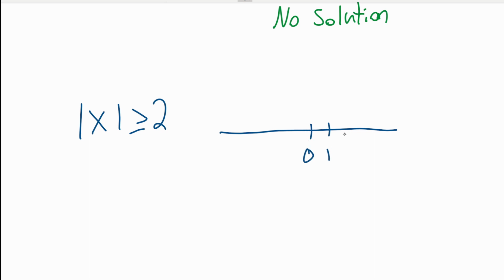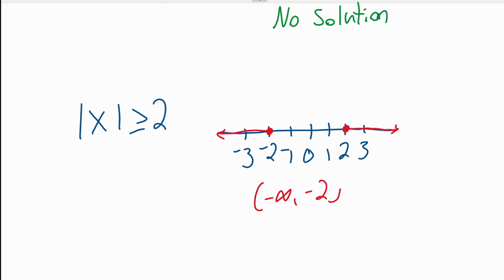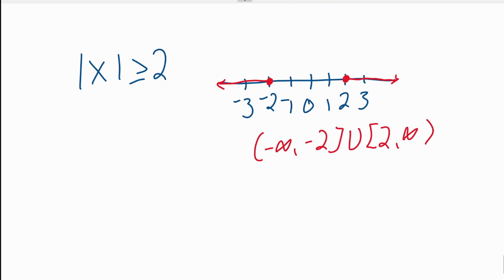So we'd have 0, 1, 2, 3, -1, -2, -3. And we'd say, okay, it's 2 to infinity and -2 to -infinity, right? Writing that in interval notation, we have -infinity to -2, union 2 to infinity. In other words, this is like our OR inequalities: x is less than or equal to -2 or x is greater than or equal to 2.